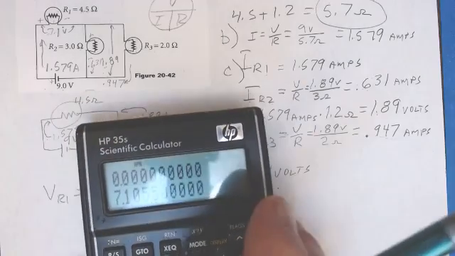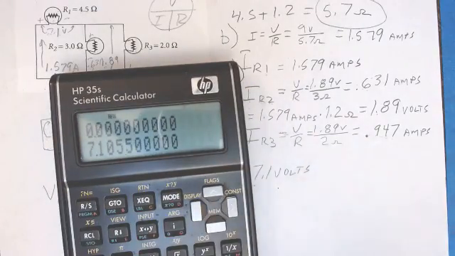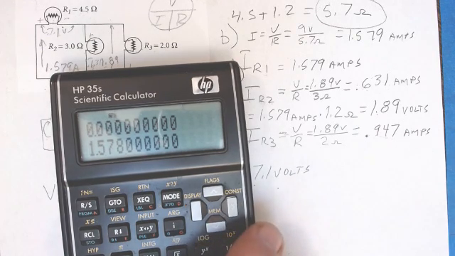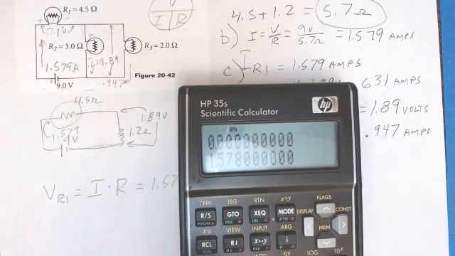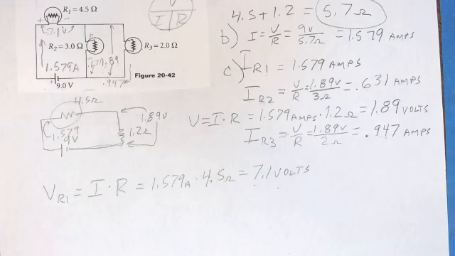So if we add those two together, 0.947 and 0.631, adding them together is 1.578. Where have we seen that number before? Oh, that adds up to the total coming out of the battery. So you can check your work this way, and if you've made a simple calculator error, you probably won't make it the same way for both of these, and so you can double check your work that way.